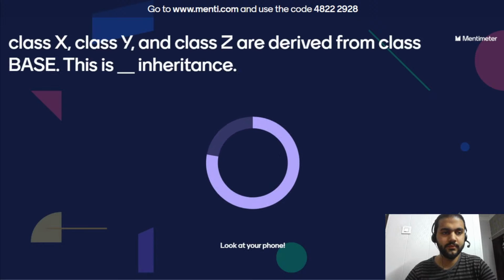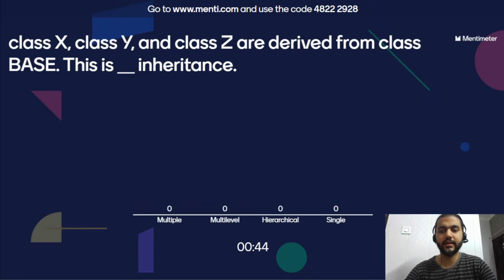I hope so. Alright. So class X, class Y and class Z are derived from class base. This is dash inheritance. It is a pretty easy question. So I hope most of the folks would be able to give the correct option. Let's hope. A multiple, B multi-level, C hierarchical, D single inheritance.